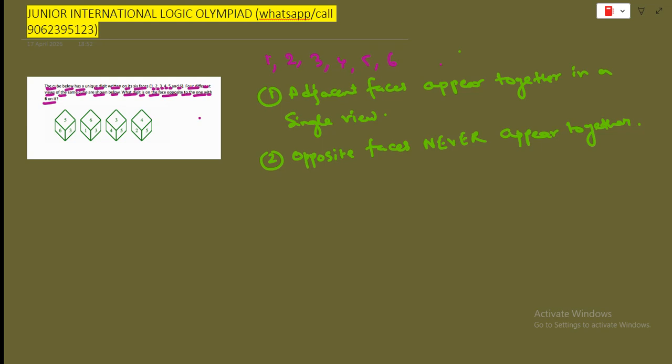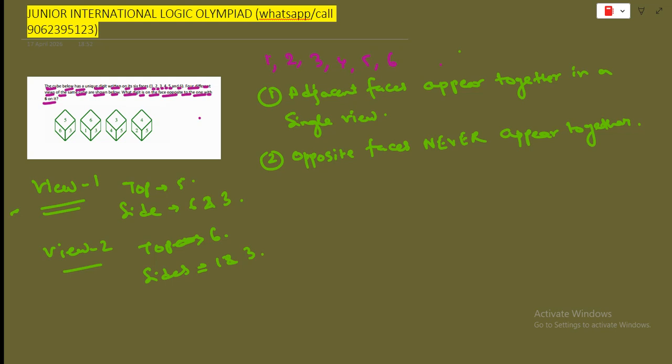Okay, so let's carefully observe the views. View number 1: top 5, sides 6 and 3. So 6 is adjacent to 5 and 3. Now view 2: top 6 and sides are 1 and 3.